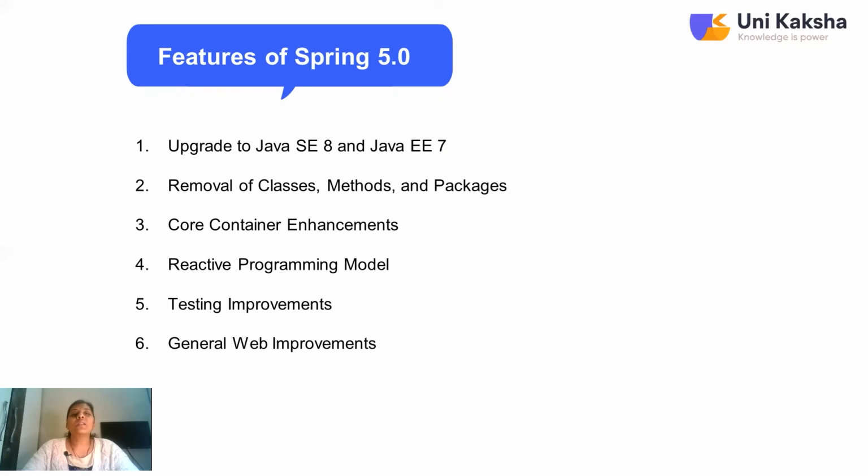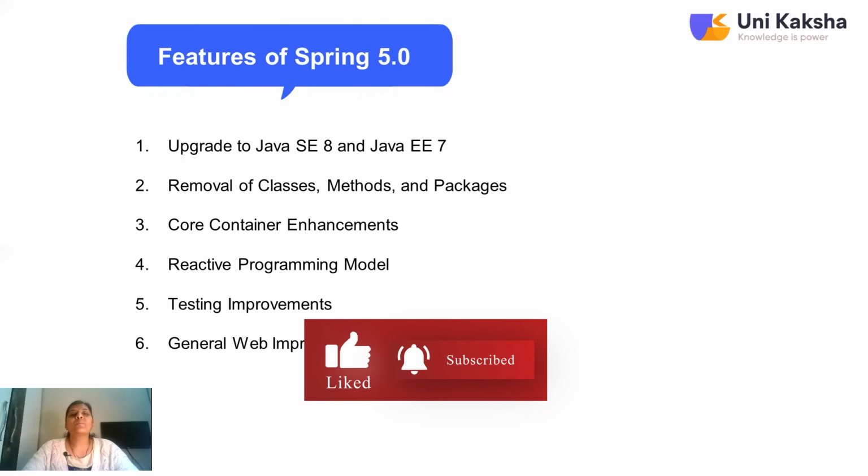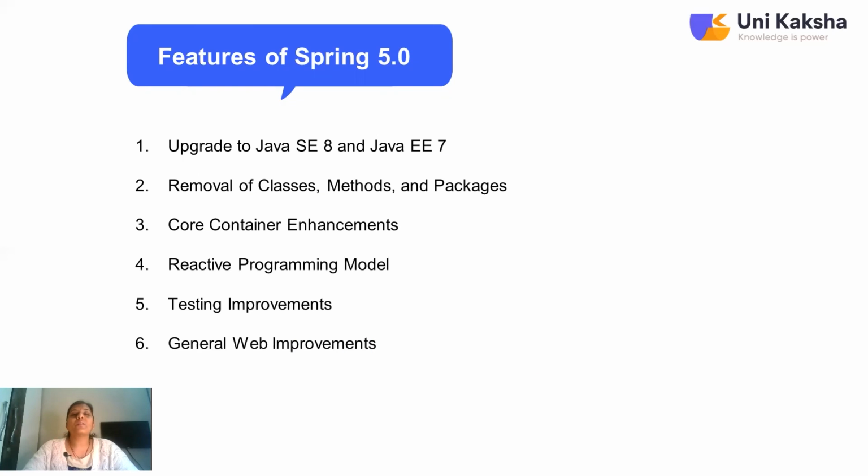Along with this, it provides lots of other features like removal of classes, methods, and packages. It provides core container enhancements, a reactive programming model, testing improvements, unit testing facilities, and support for web improvements or web development. So along with Java, we can work with a number of web development projects.